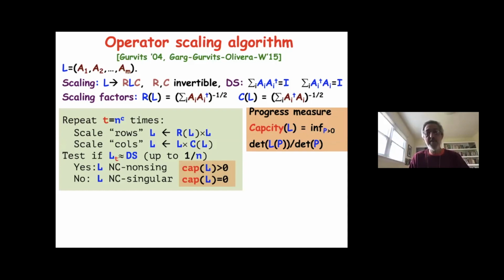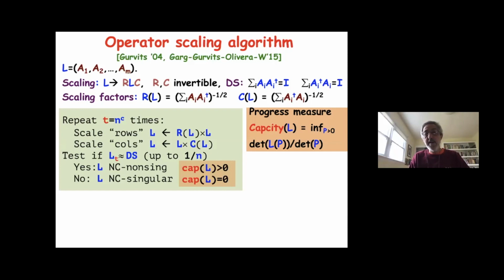The capacity is positive if and only if it's non-singular. He didn't talk in these terms, he talked in different terms, which I will not explain. But anyway, it holds that capacity is positive if and only if it's non-singular, and it's zero if and only if it's singular.